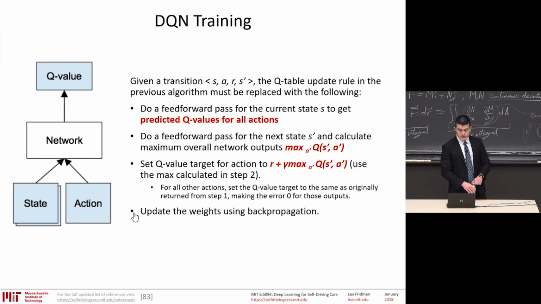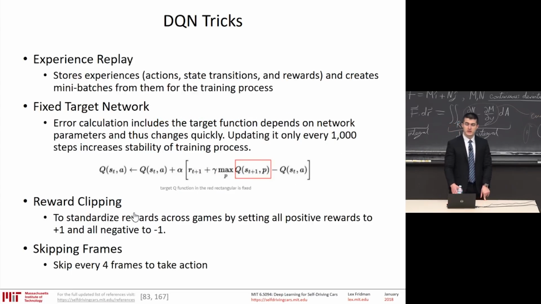So given a transition of S, A, R, S prime, S current state, taking an action, receiving a reward, and achieving S prime state, the update is do a feed forward pass through the network for the current state, do a feed forward pass for each of the possible actions taken in the next state. And that's how we compute the two parts of the loss function. And update the weights using backpropagation. Again, loss function, backpropagation is how the network is trained.